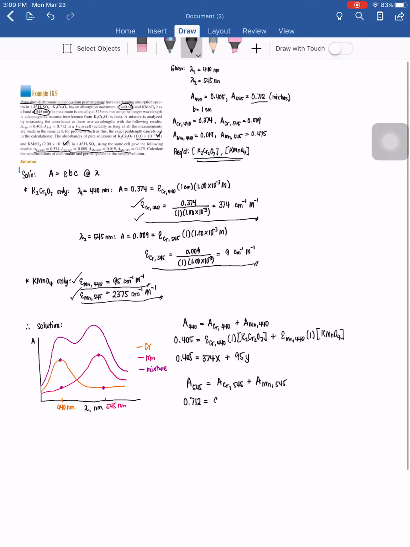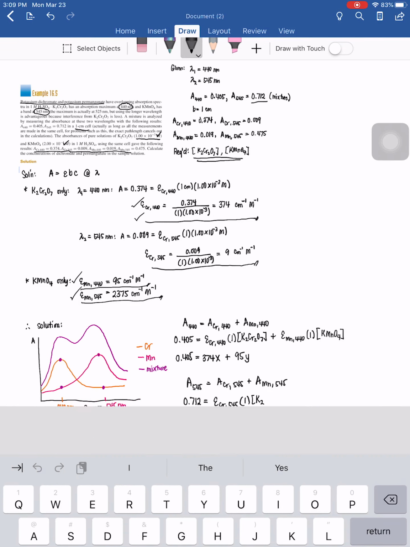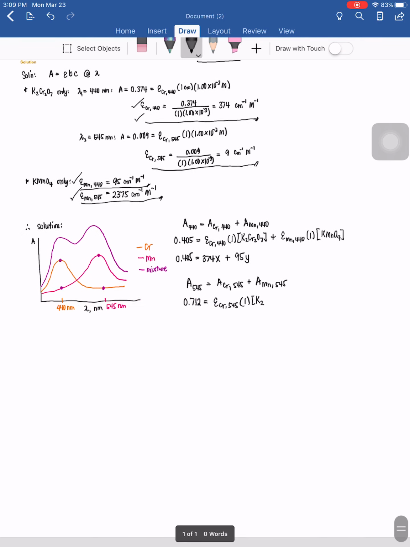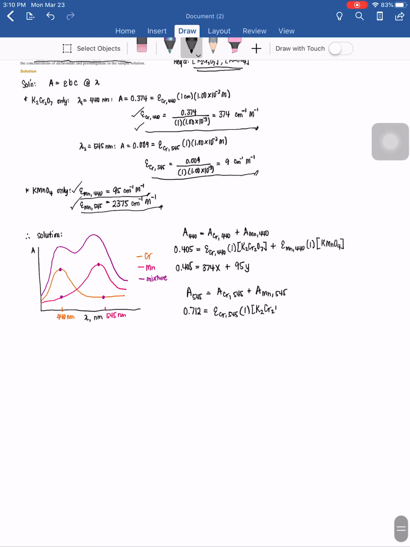That's equal to the molar absorptivity of chromium at this wavelength times B times the concentration of the dichromate, plus the molar absorptivity of permanganate at 545 nanometers times 1 times the concentration of the potassium permanganate.